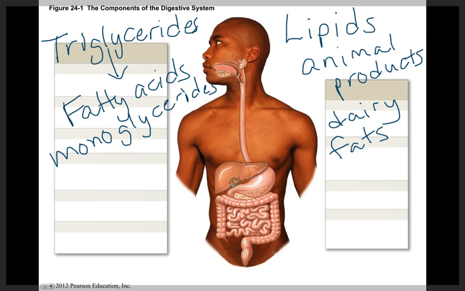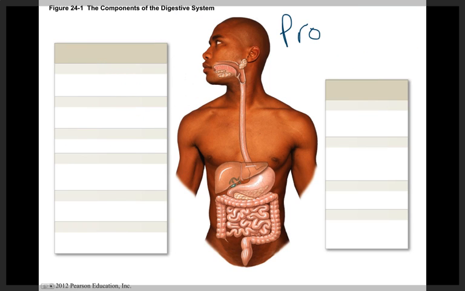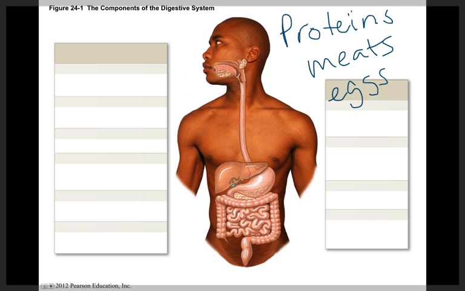Okay, and then finally we have proteins. Proteins again we can get from meats, eggs, foods like that. And proteins start out as large chains of amino acids, and proteins will first be broken down into polypeptides.